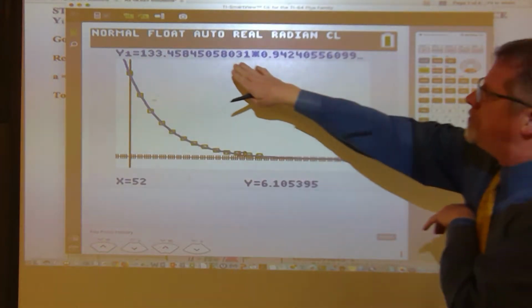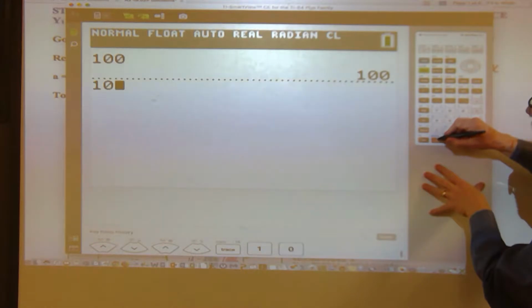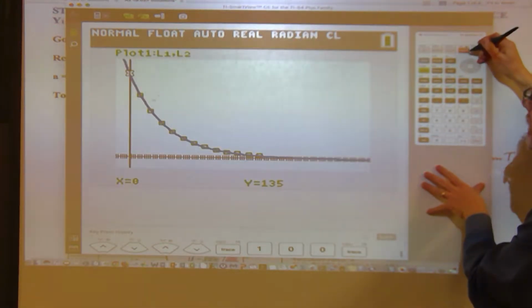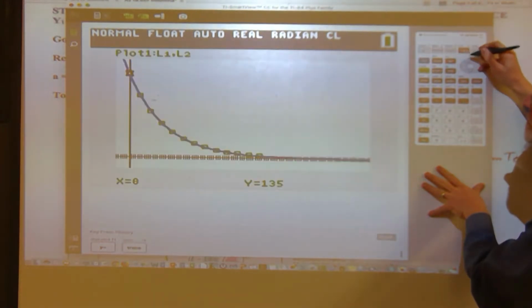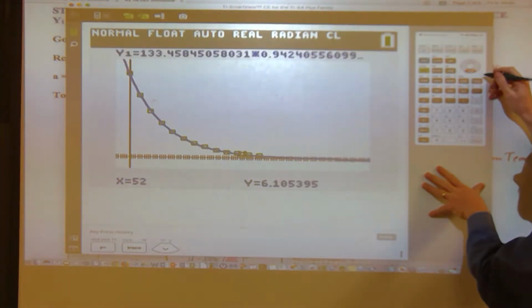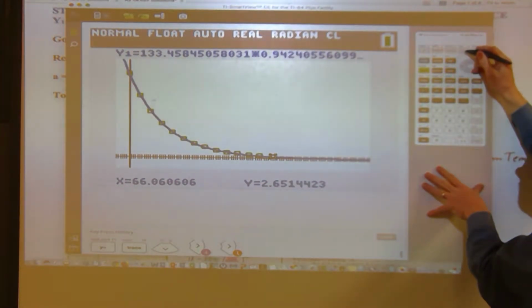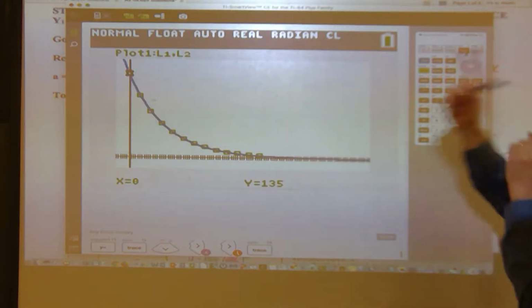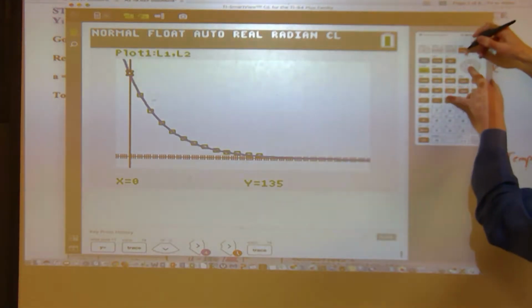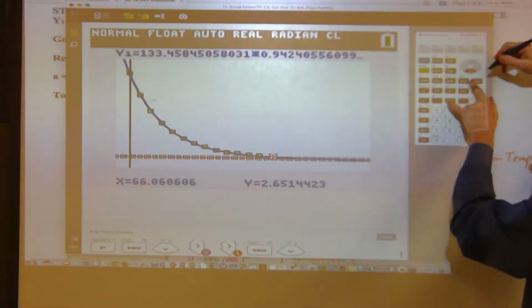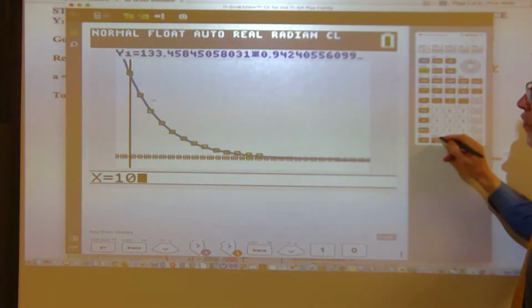But if you press down arrow and this comes up top, now I can trace 100. I think. Wait, hold on. Oh, that's Y1. Plot, down arrow. It's over here. Trace. Oh, I see what happened. When I pressed trace, it went back to plot. So when you press trace, then press down arrow to get onto the curve, and then the number 100.